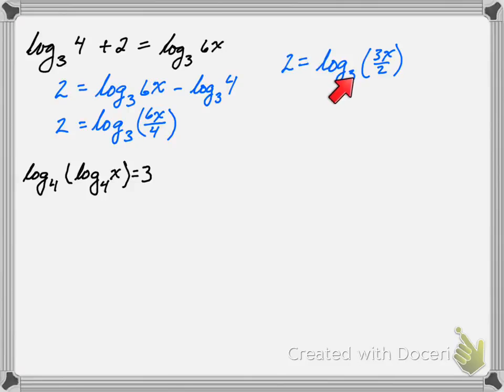Therefore, we're going to convert this to exponential, which would be 3 raised to the second power equals 3x over 2. 3 squared is 9. We're going to multiply 2 over to the other side, giving us 18.